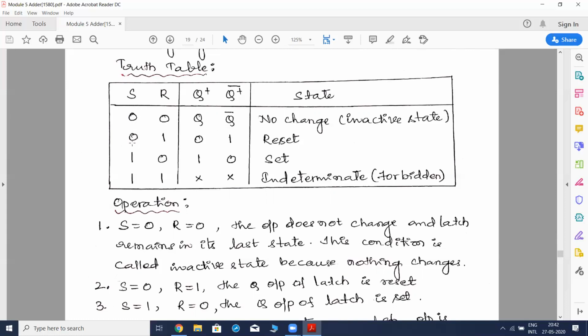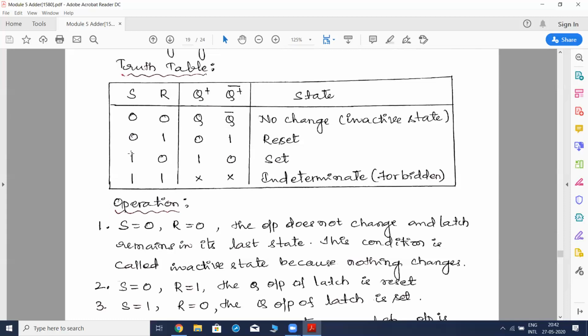Then we have the next one, it is 0, 1. When S is 0, we got Q as 0. So that state is called the reset state. The next one is the 1, 0 combination. When S is 1, we got Q as 1. That means this particular state is called the set state.